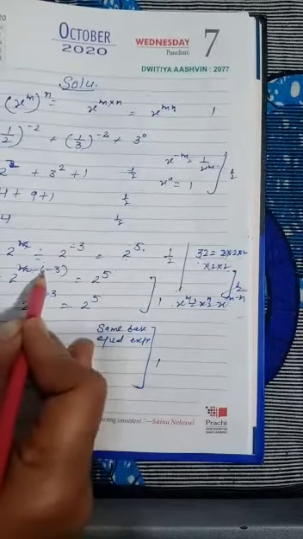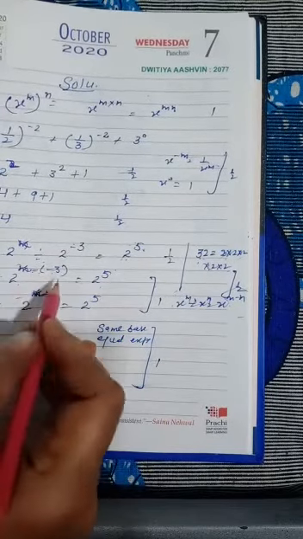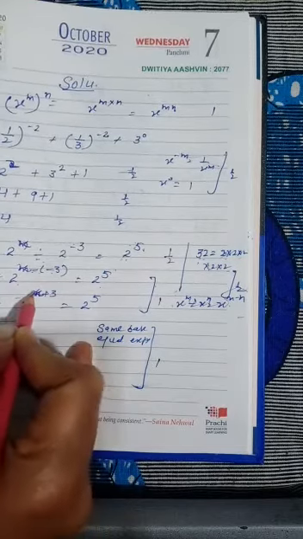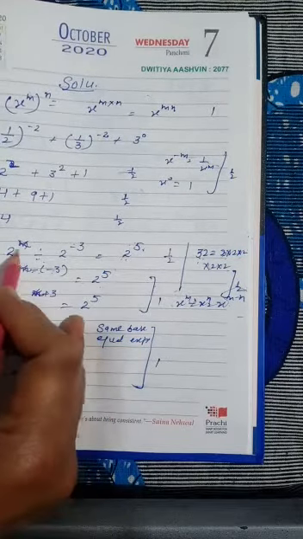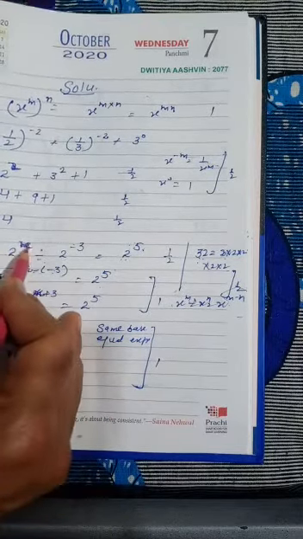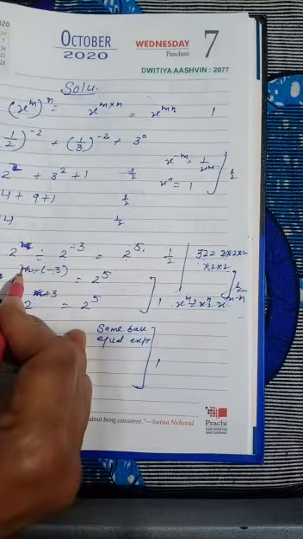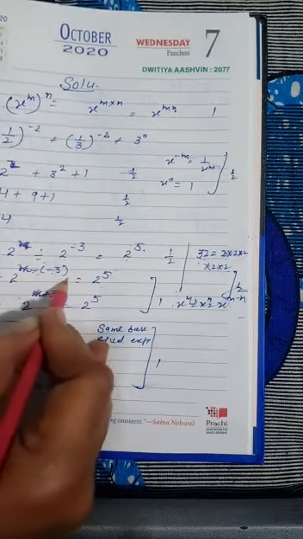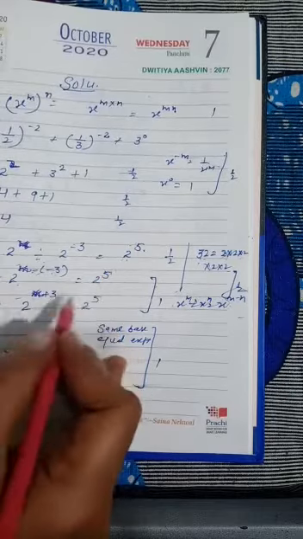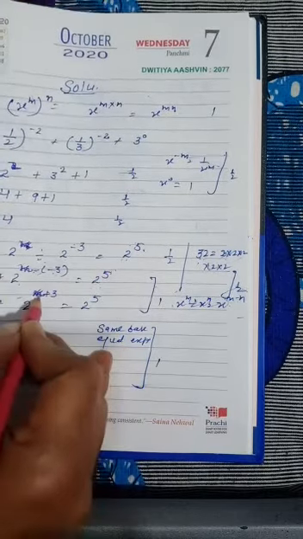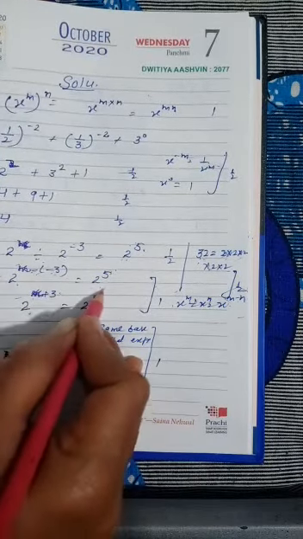Okay, so minus minus will become plus, so it will become 2 to the power x plus 3. Now it will become 2 to the power x plus 3 is equal to 2 to the power 5.